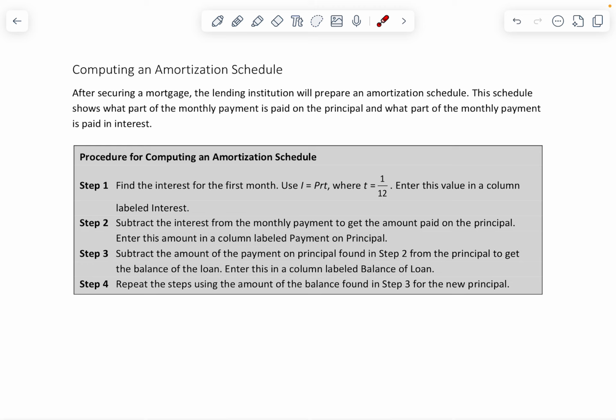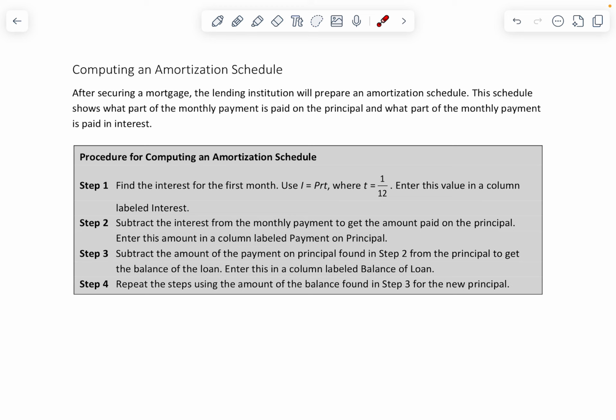Step 1, you would find the interest for the first month using the simple interest formula, where T is 1 month, so that would be 1/12 of a year. And you would enter this value in a column labeled interest. Step 2, you would subtract the interest from the monthly payment to get the amount paid on the principal. Enter this amount in a column labeled payment on principal.